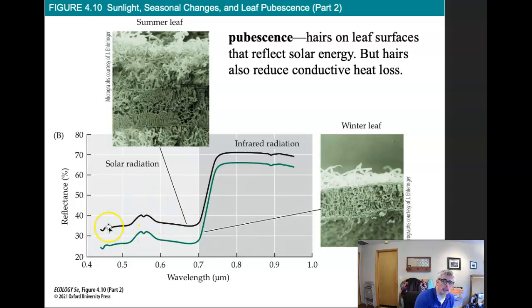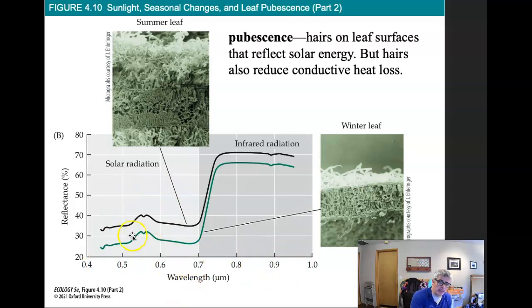And so here, this is an example of a summer leaf and the amount of reflectance it has compared to a winter leaf with solar radiation and infrared radiation. What this graph shows, along the x-axis, is wavelength.